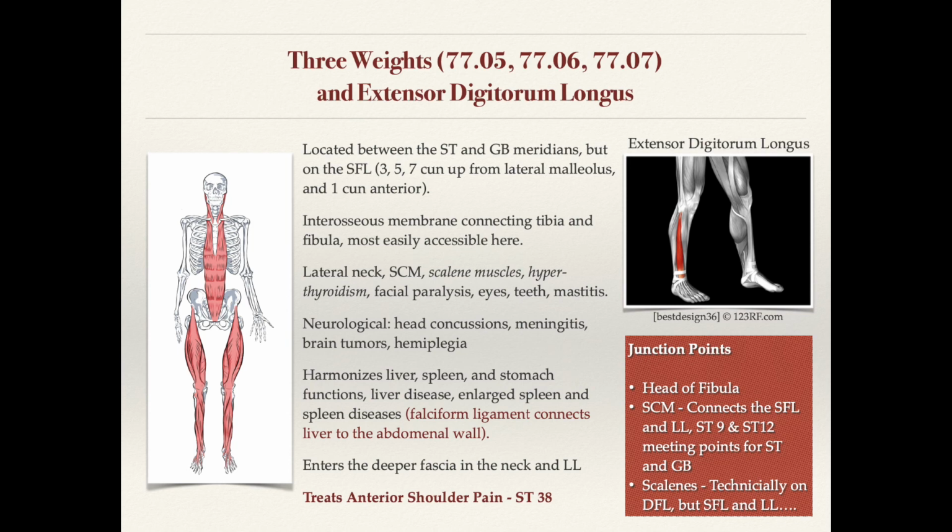So these points are 3, 5, and 7 sun above the lateral malleolus, and then 1 sun anterior. So that takes us out of the area of the gallbladder meridian, and then that puts us between the gallbladder and the stomach meridian. There's also a lot of interosseous membrane connecting the tibia and the fibula in this region, and it's most accessible from here.